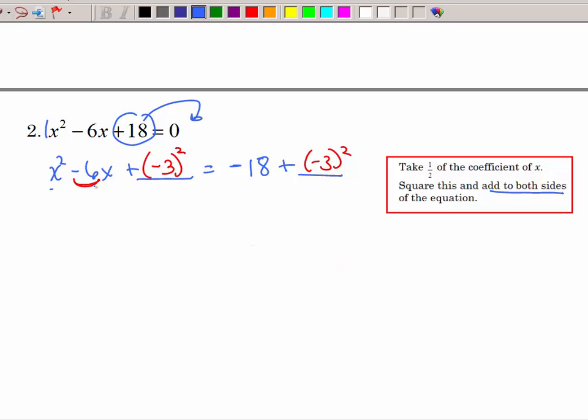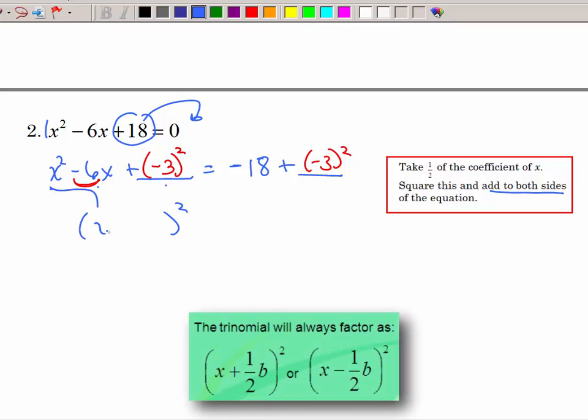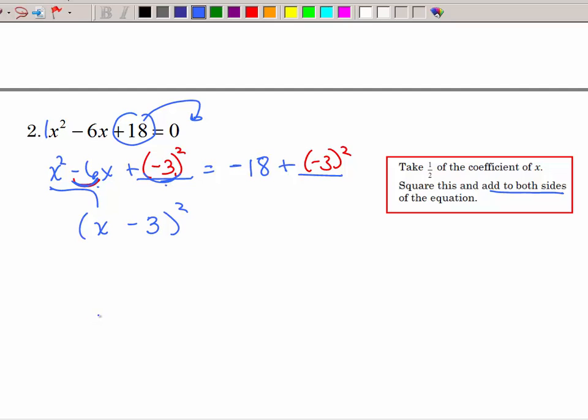Once again, I have created a perfect square trinomial that factors with x, and remember, whatever half of this is, whatever half of negative 6 is, which is negative 3, equals negative 18 plus 9, which is negative 9. Now I can go ahead and solve that by what's called the extraction of roots method. So I want to take the square root of both sides.